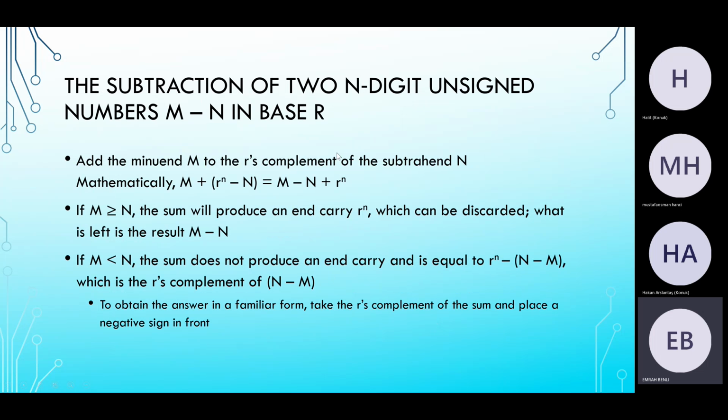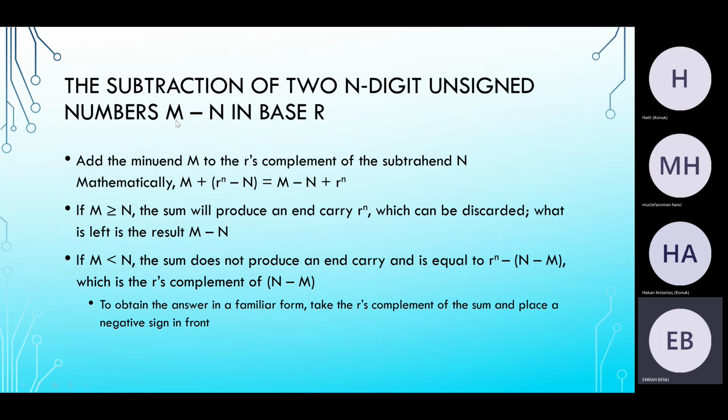So let's do the subtraction of two n-digit unsigned numbers, M minus N, in base r now. Here n-digit means the number of digits, it's not the number itself.